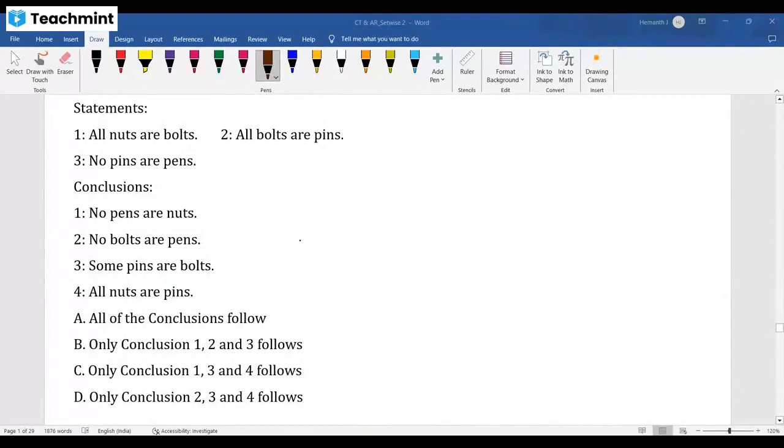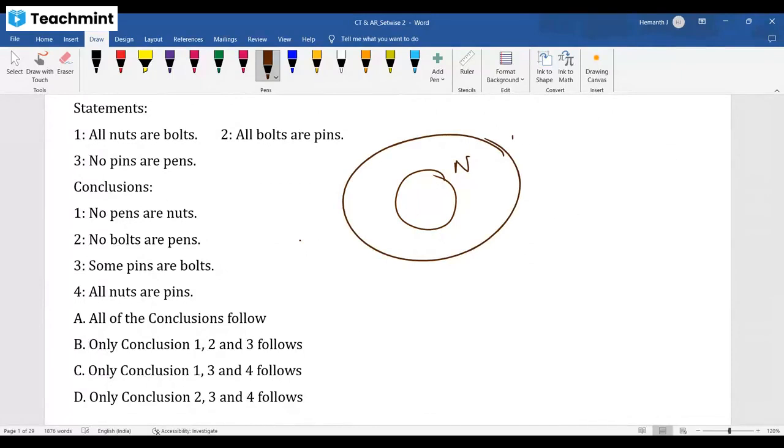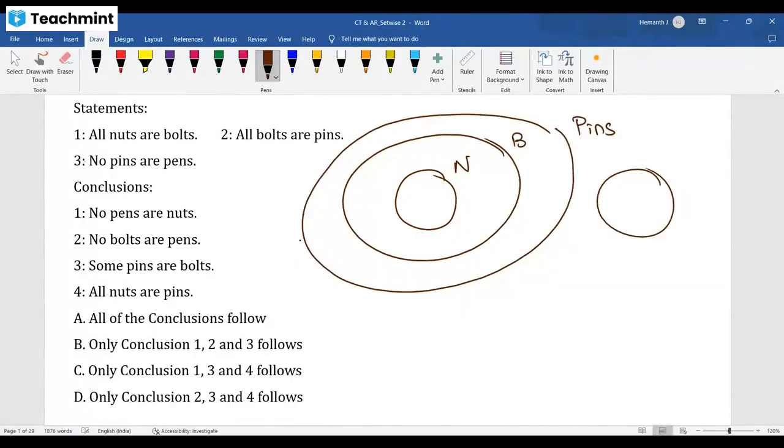Now, all nuts are bolts, all bolts are pins, no pins are pens. Here there is nothing called either-or. If it is failed, throw it out. No pens are nuts: first one correct. No bolts are pens: second one correct.